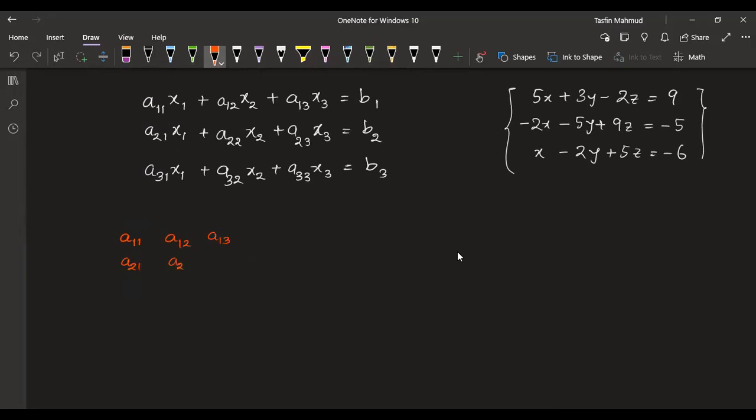a21, a22. By the way, in the simulation exams, you may have to write some explanations as well. The key thing is to simulate and find the solution, but you may have to write some small explanations too. You will be provided a question paper with some space to write small explanations.